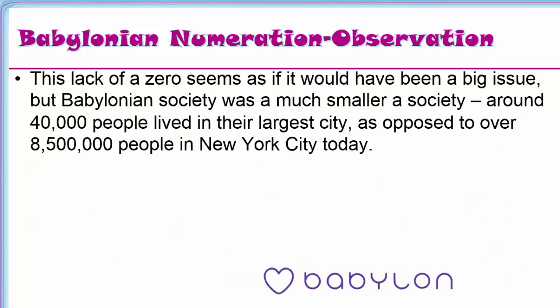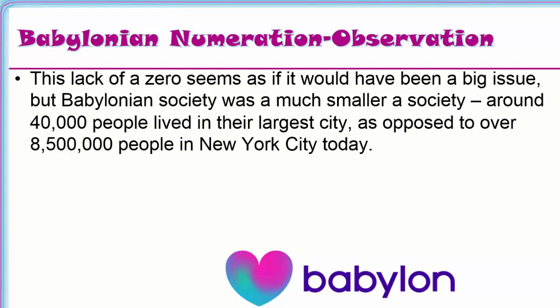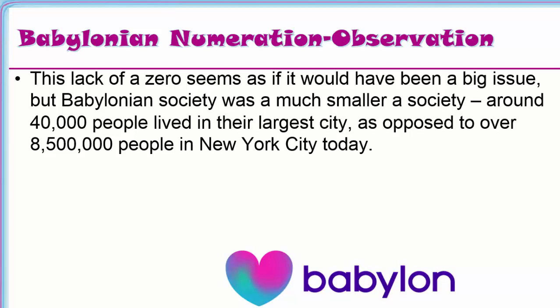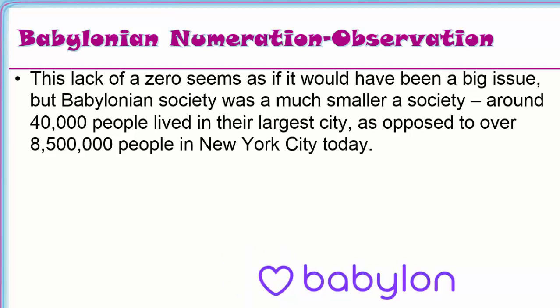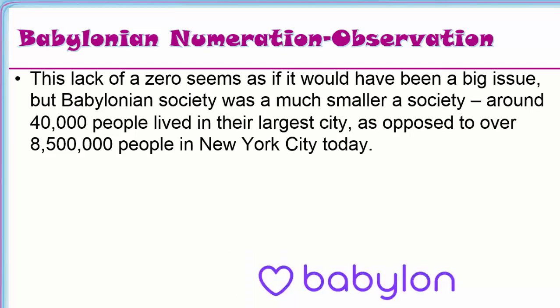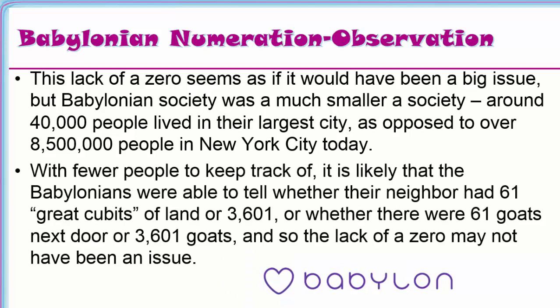This lack of a 0 seems as if it would have been a big issue, but Babylonian society was a much smaller society. Around 40,000 people lived in their largest city, as opposed to over 8,500,000 people in New York City today.